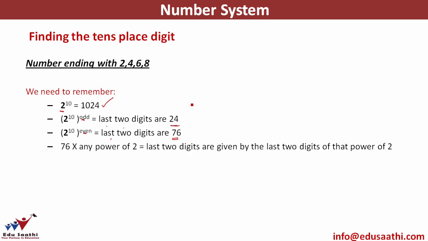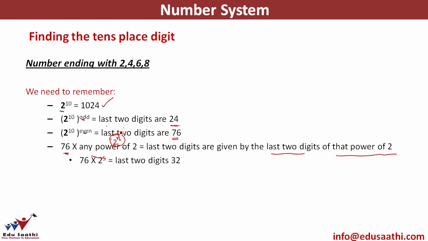And the last thing that I need to remember is 76 into any power of 2. The last two digits are given by the last two digits of that power of 2. So if you have 76 into 2 raised to power n, the last two digits will be given by the last two digits of 2 raised to power n. 76 will have no effect on finding out the last two digits.